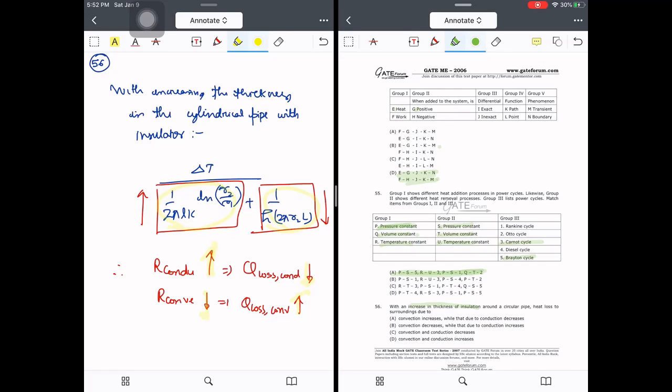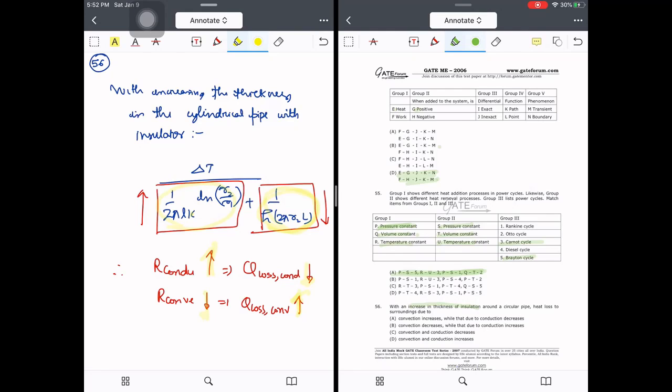Now you see, when we are increasing the thickness of insulation, what is actually happening? K is already low because it is insulation, and R is increasing. Whereas in terms of convection, this is the resistance for the convection.